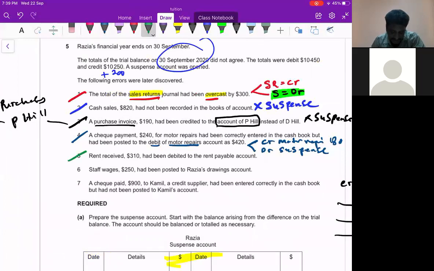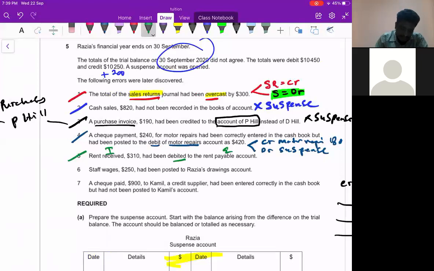Rent received 310 has been debited to rent payable. Oh, this is your income. You mistakenly recorded it as an expense. So now what do you need to do? It's not an original entry.